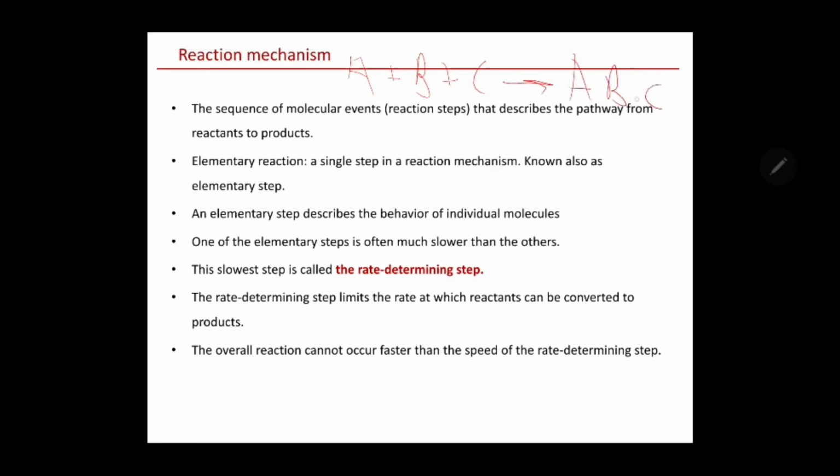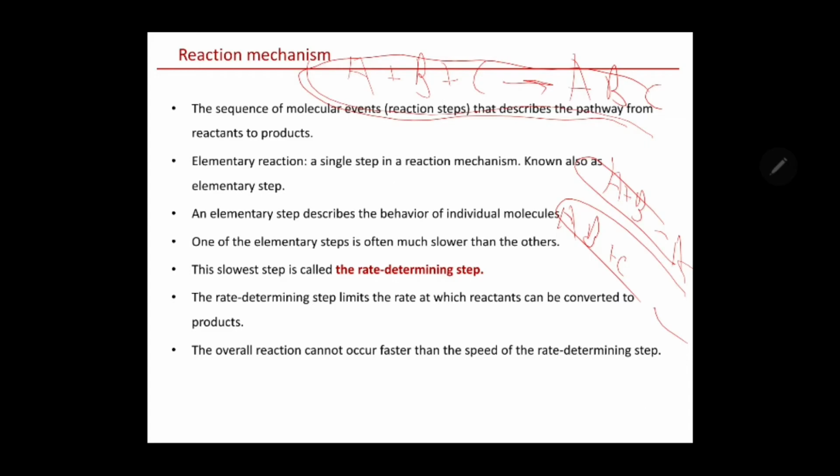This is called overall reaction. This can be composed of two elementary reactions. Let's say A plus B equals AB, and then AB plus C equals ABC. These two are called elementary reactions, and this is called overall reaction. That is what we mean by reaction mechanism.